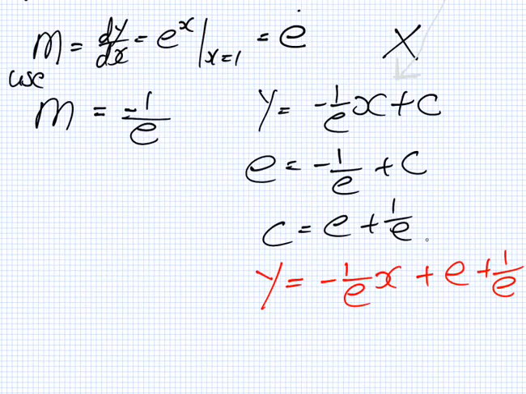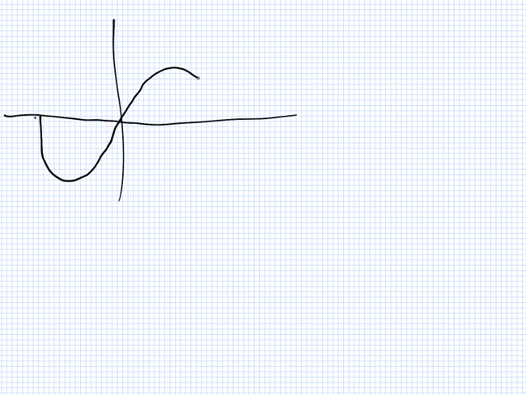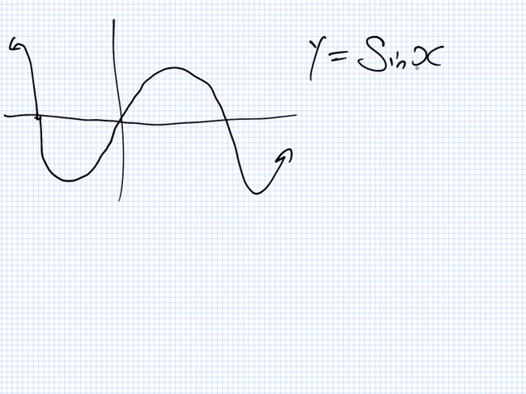Okay, now I'm going to give you an example like this and I want you to try it. So I'll draw this. y equals e power x, and I would like the tangent here when x equals 0.